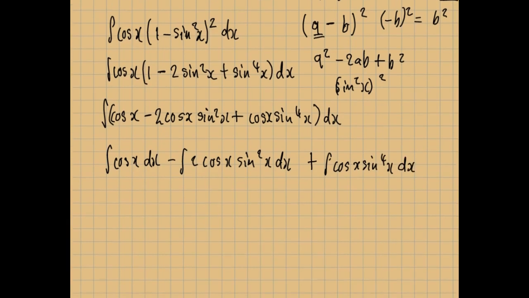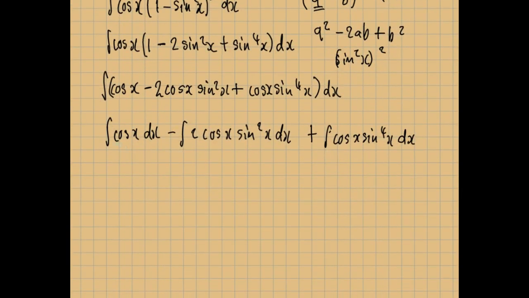And the integral of cos is obviously, like we said, sine x. That's the integral of cos x. And then minus now the integral of 2 cos x sine squared x. Well, this is very nice.